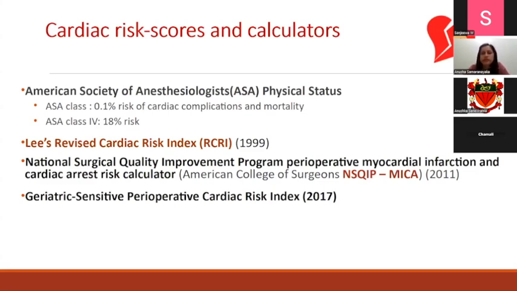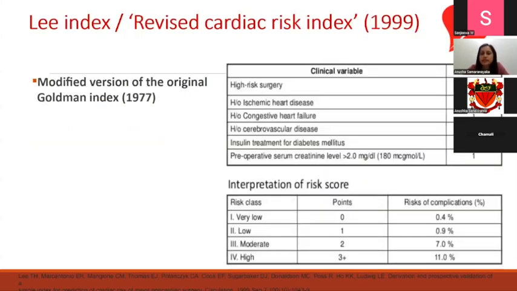So in the Lee's revised cardiac risk index, there are clinical variables. Depending on the presence or absence of clinical variables, we give points. First comes high risk surgery, as I mentioned earlier, where there is opening into the thoracic cavity, opening into the peritoneal cavity, and very high risk vascular surgeries. Those are categorized as high risk surgeries.